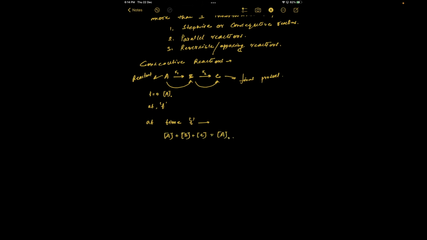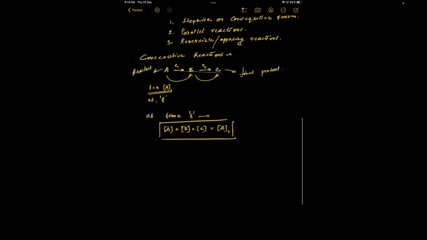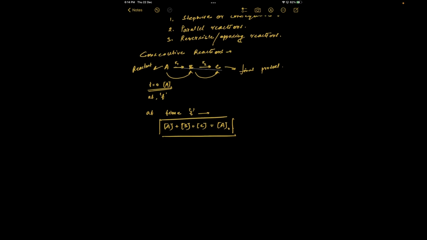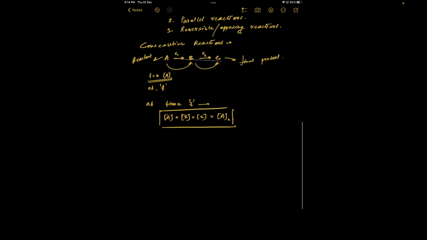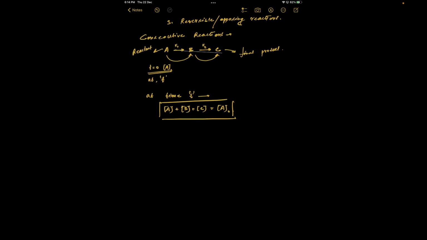This condition has to be satisfied, right? At time t equal to 0, the total concentration is A0, and at time t, the sum of the concentrations of all three molecules A, B and C will be the initial concentration A0. Initially there will be no B and C, and then with time the B and C molecules will form.